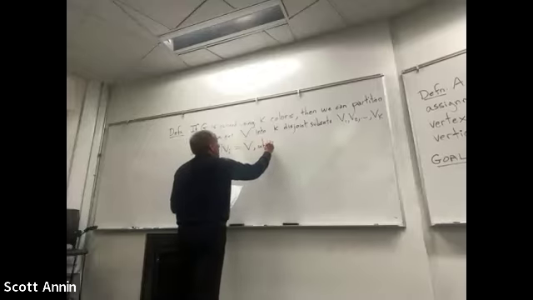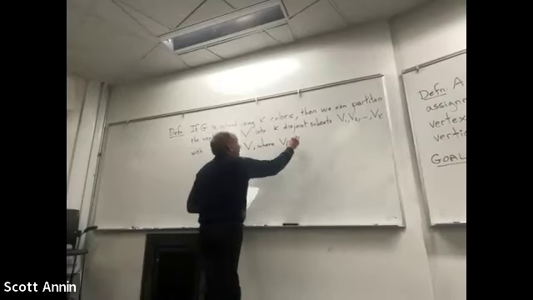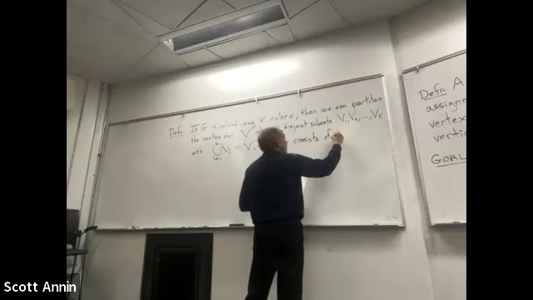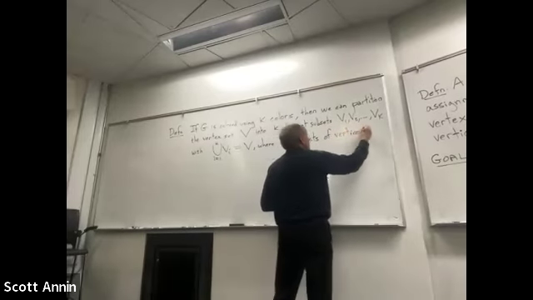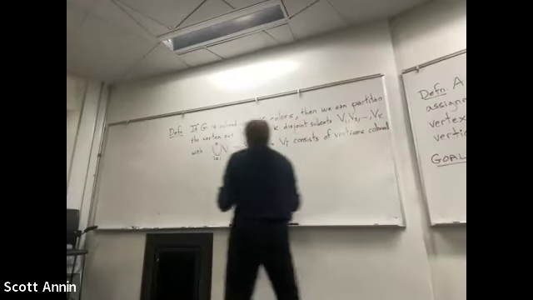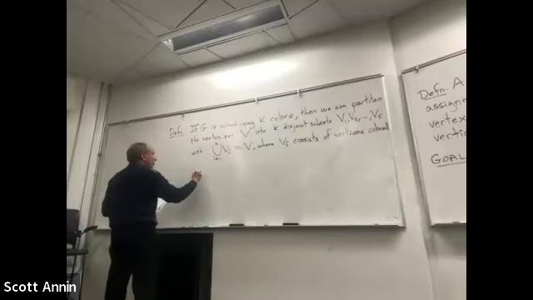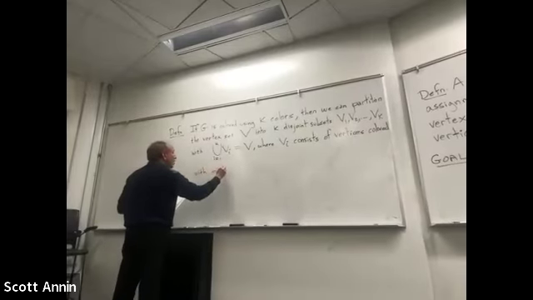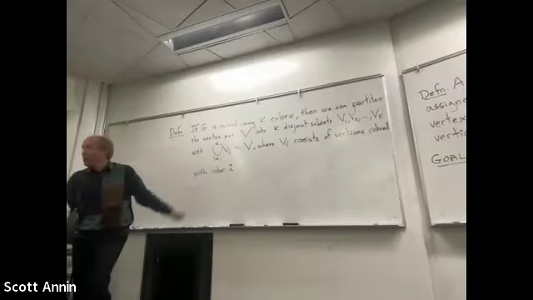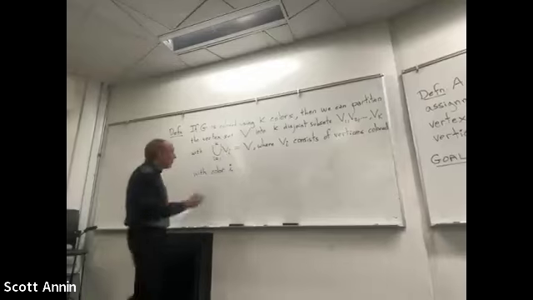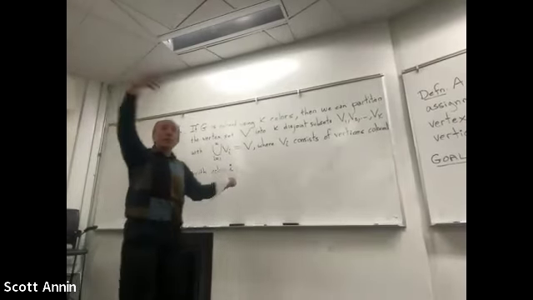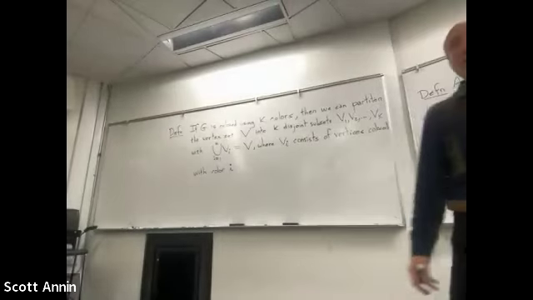Where V sub i consists of vertices colored with color i, whatever that color is. It could be red, could be green, whatever. So we can do this. We can just take our graph and break the vertices up according to the different colors that are used.